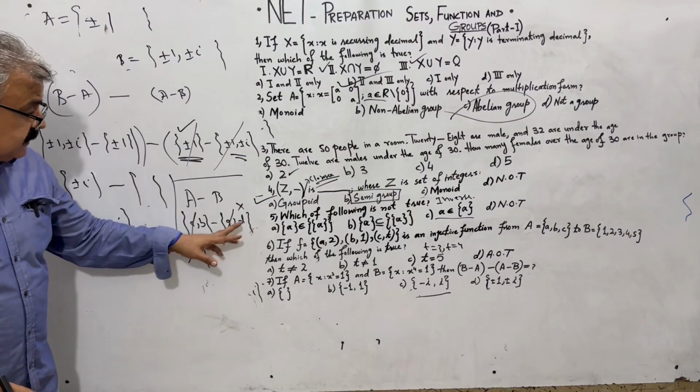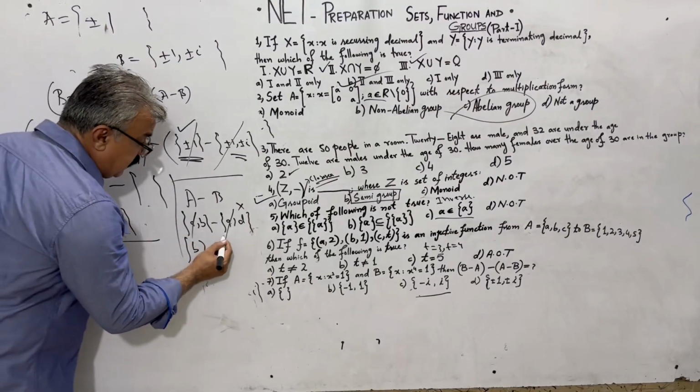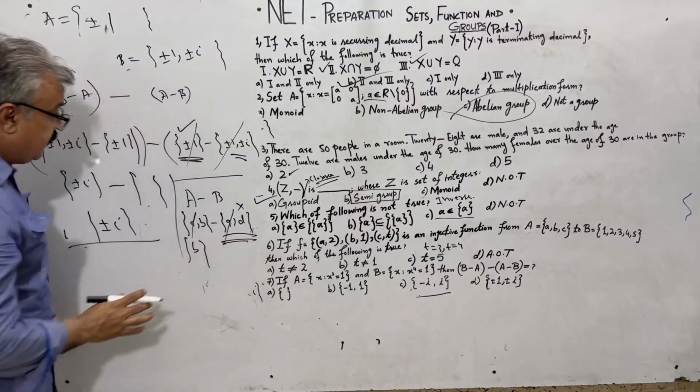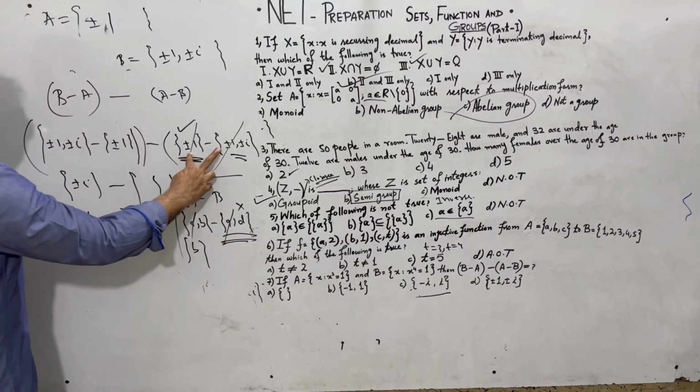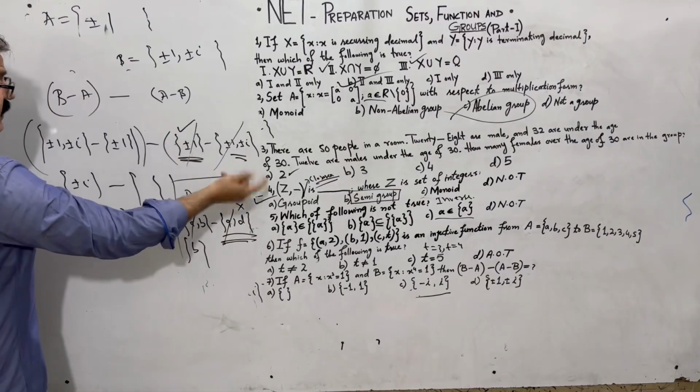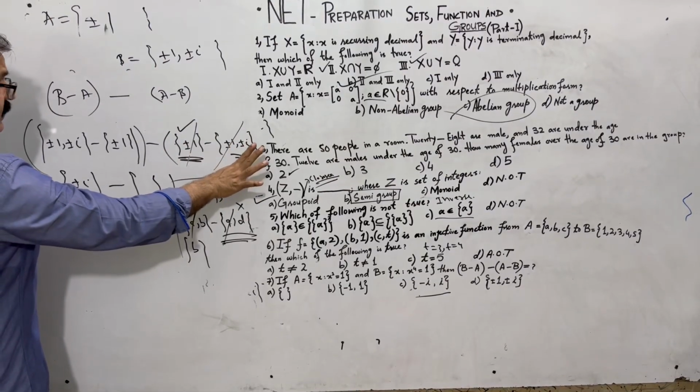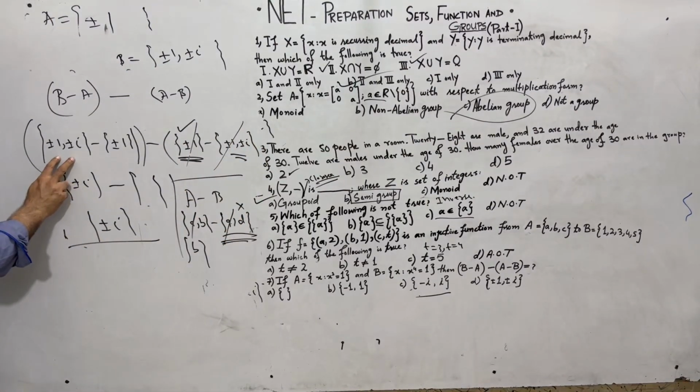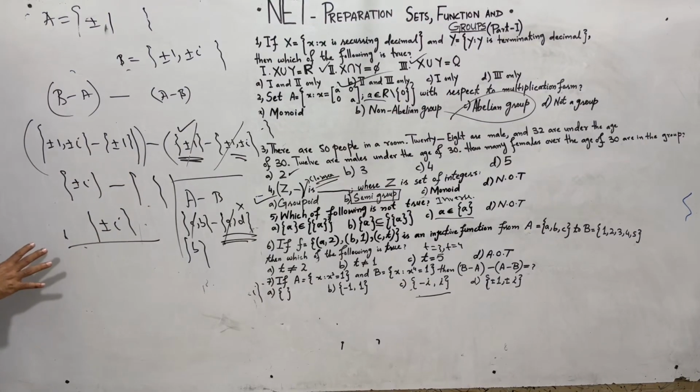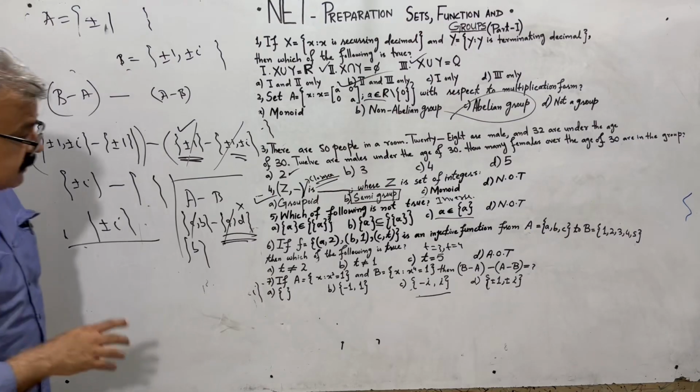We are not interested in the remaining part of the set to be subtracted. So in that case, plus minus 1 cancels out. In the second set remains plus minus iota, we are not interested in it. Whatever remains in the first set is our result. So in that case, our answer is plus minus iota.